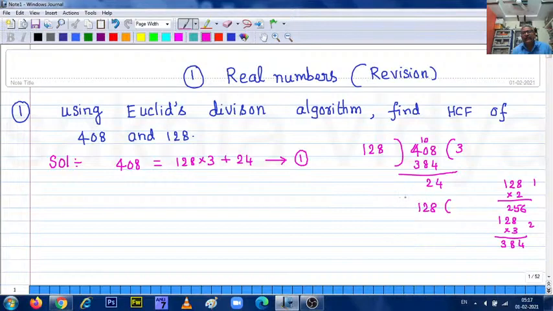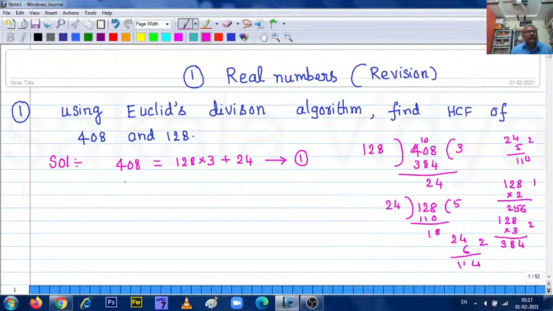Now you divide 128 with 24. 24 five times is 120, so 128 minus 120 is 8, this will be 18.